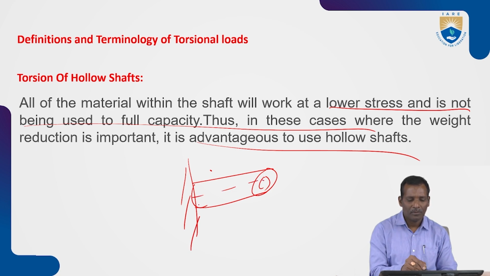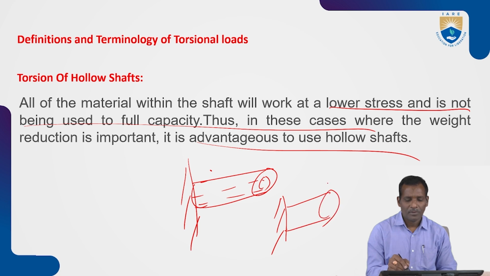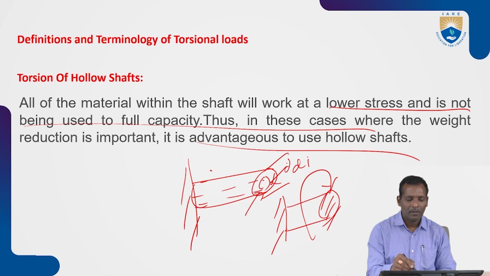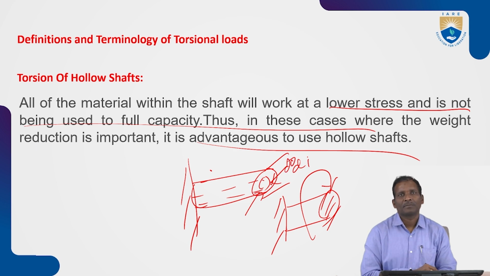hollow inner diameter and external. In the case of solid shaft, only having outer. So here di and the outer diameter d naught. So in this case, we are considering the weight advantage of using the hollow shaft instead of the solid shaft.